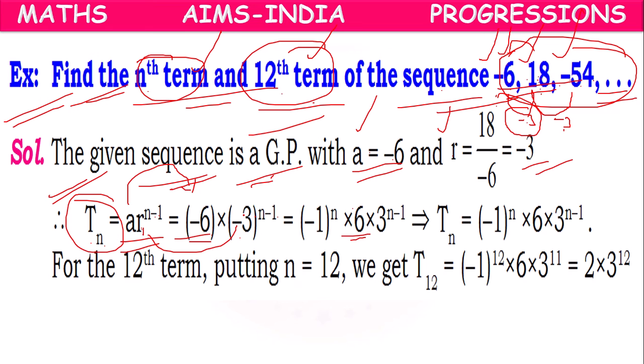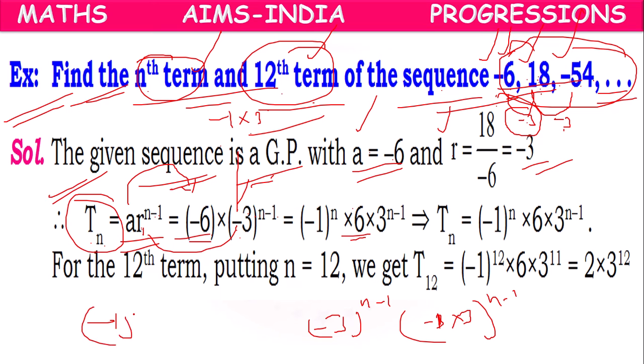Minus 3, we can write as minus 1 into 3. So minus 3 whole power n minus 1 can be separated as minus 1 whole power n minus 1 into 3 whole power n minus 1.